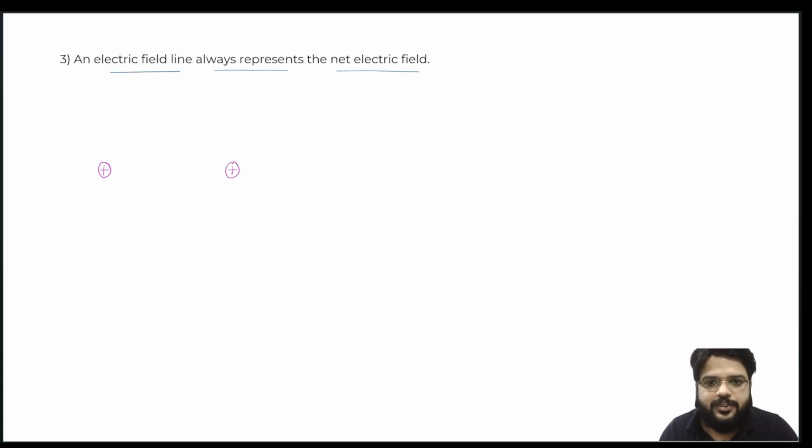We want to draw electric field lines, but we don't know from where to where the electric field will go. So what I will do is see the direction of the net electric field at that point. So I will put one test charge here.